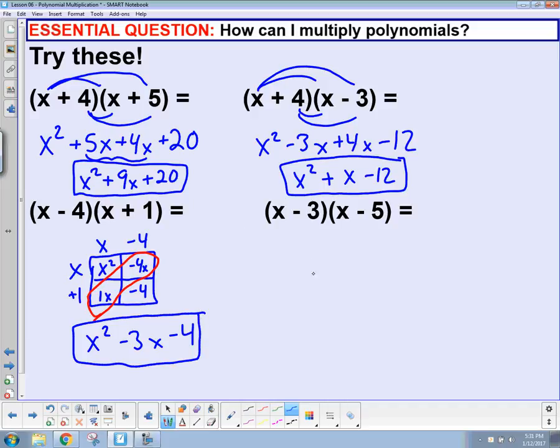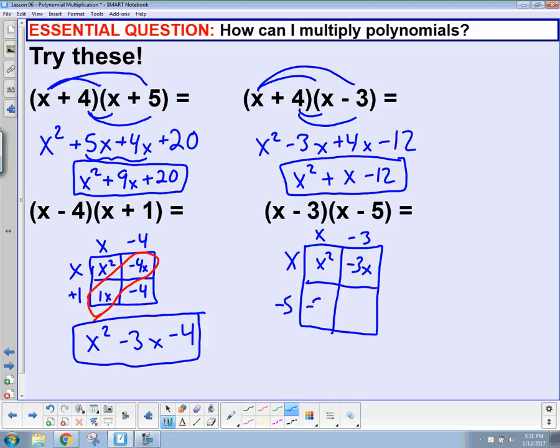We'll try to make my box a little bigger for this next one. Again, x minus 3 on top, x minus 5 on the bottom here. X times x is x squared. Negative 3 times x is negative 3x. X times negative 5, negative 5x. And negative 5 times negative 3 is a positive 15.